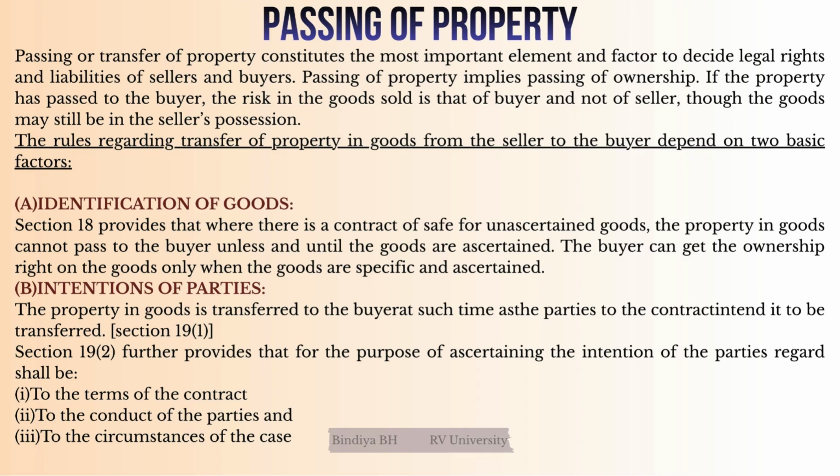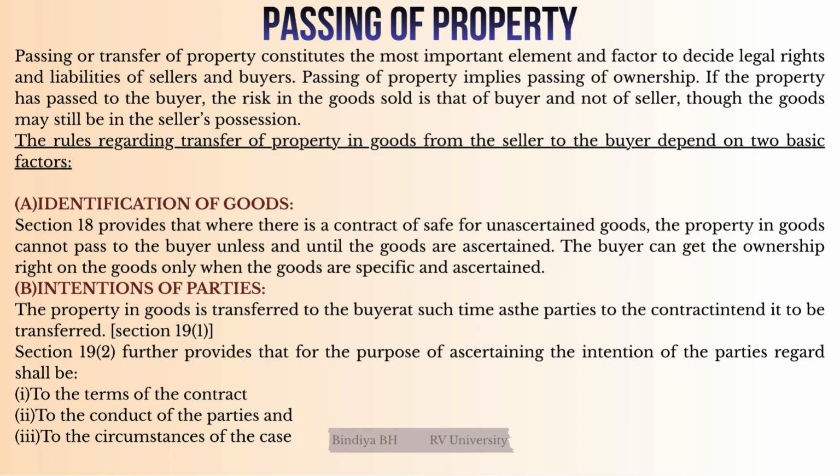Now, let us understand the rules of transfer of ownership. First, we deal with transfer of ownership in case of specific or ascertained goods. As already explained, specific goods are those goods which are identified and agreed upon at the time of contract of sale.